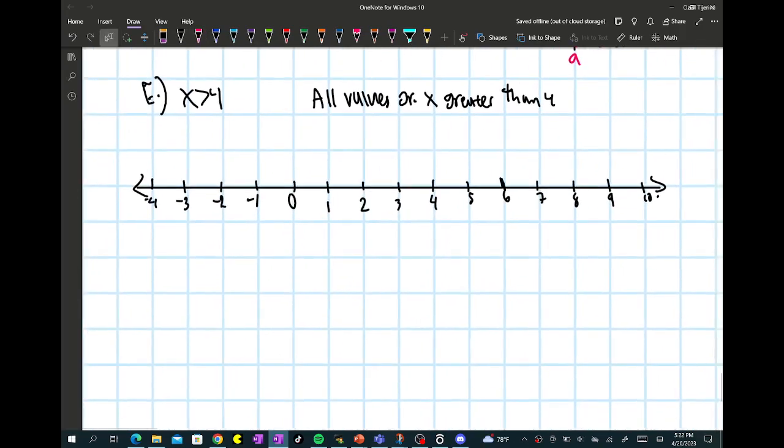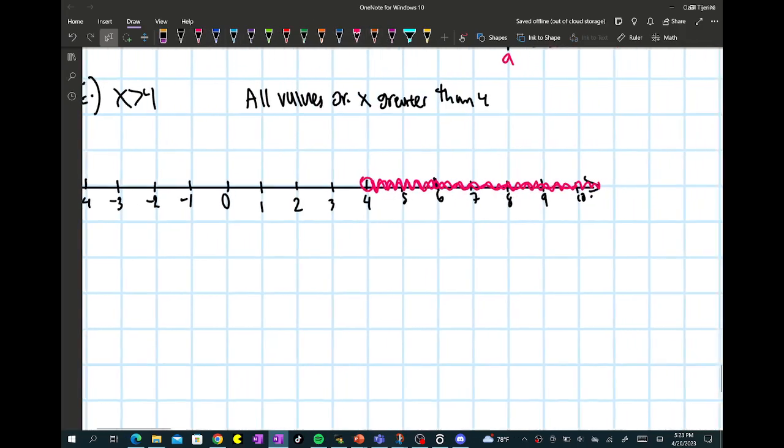So the way that this would look is that we're going to put an open circle at 4, and we're going to go all the way to the right. So basically it's just going to be shading to the right. Actually, I'm going to just go ahead and change that to that. Okay.